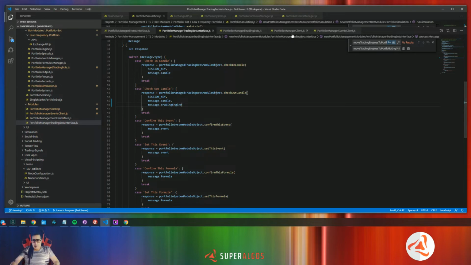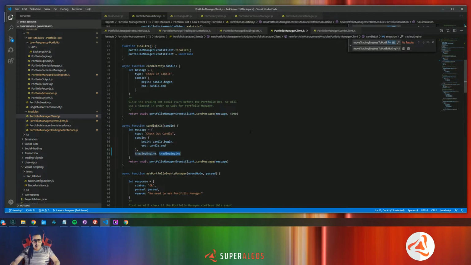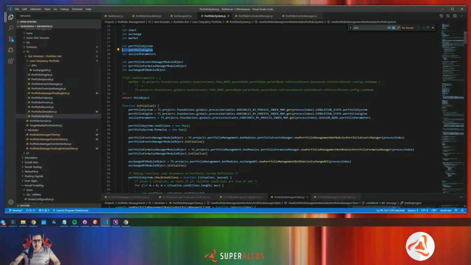Okay, that is created right here, message trading engine. So the trading engine, how do we get the trading engine? The way we used to do this is like this.